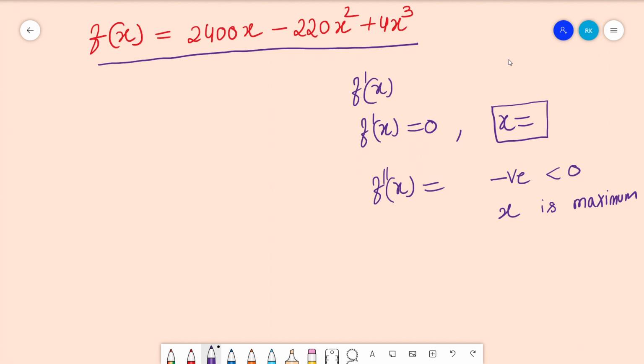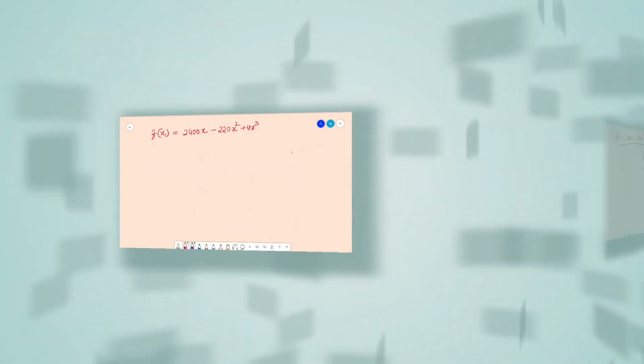In case f double dash x is positive or greater than 0, we conclude that x is minimum. So let us first start the differentiation.